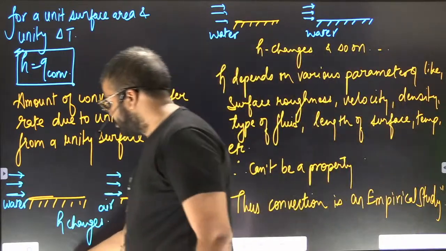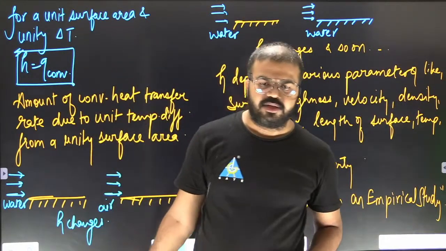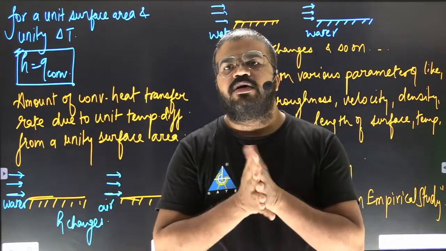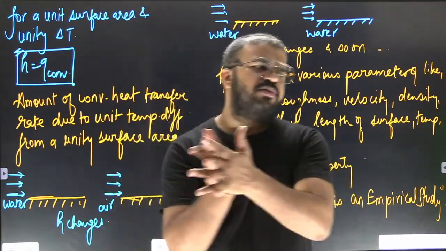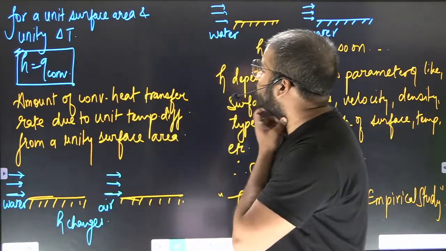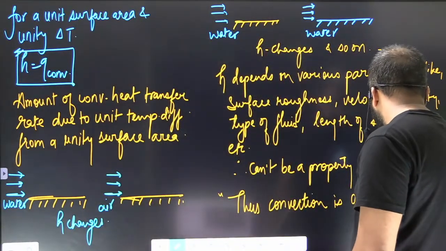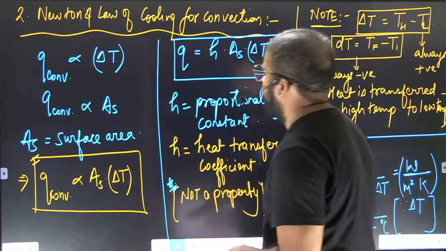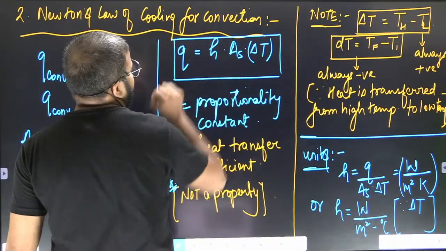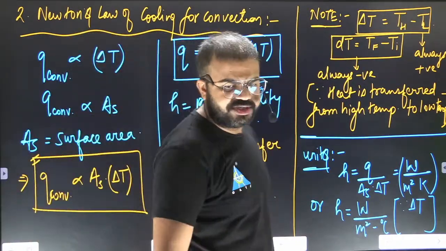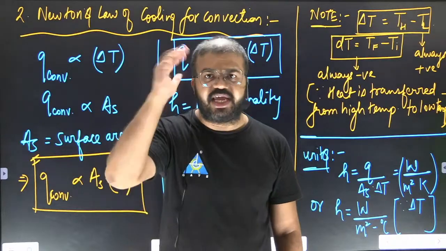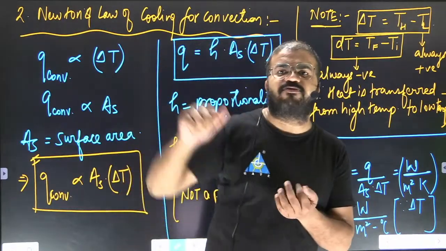Many a times, while studying convection, you might have come across many empirical formulae. Why? See, Newton said it was enough to take this small h, find this value, and you'll be able to find convection. And that's true even. But this small h is a big headache, because it changes with fluid.